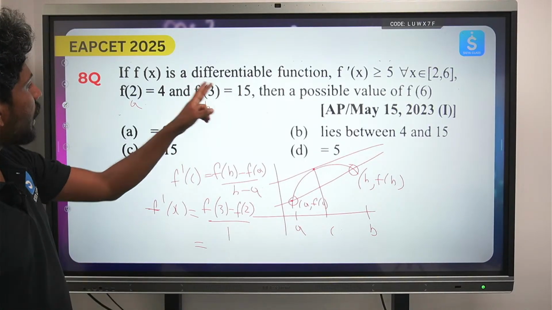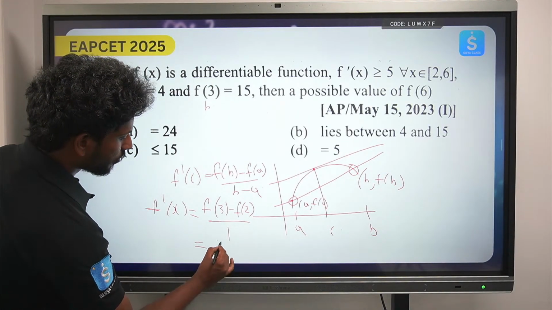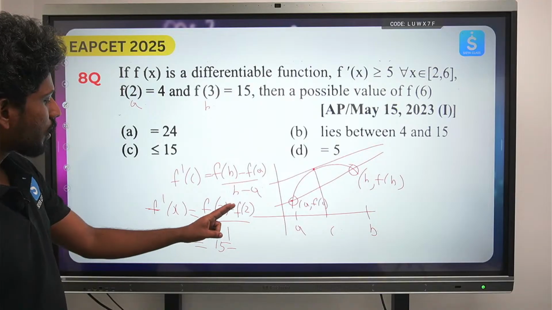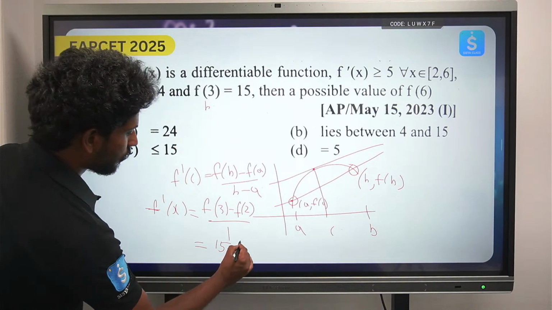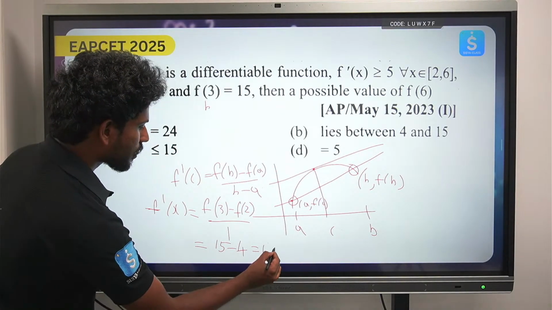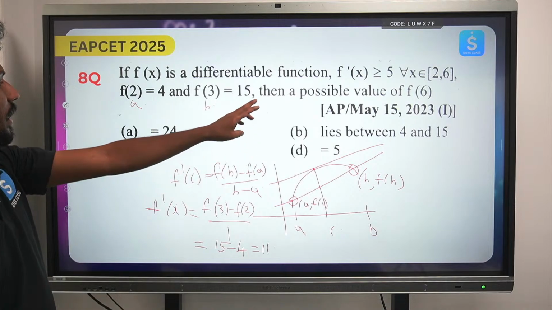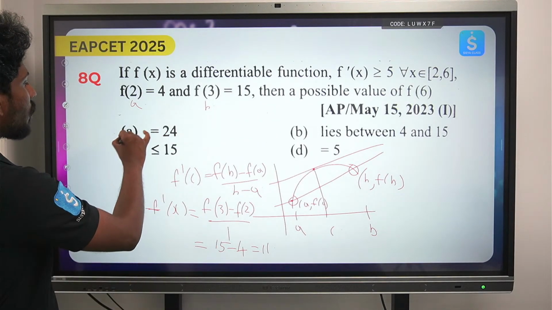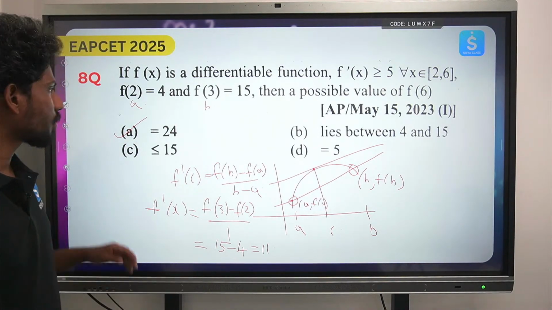So 15 minus 4, that is equal to 11. So f dash of 6 is greater than or equal to 11, and the only possible case is that it is equal to 24, okay.